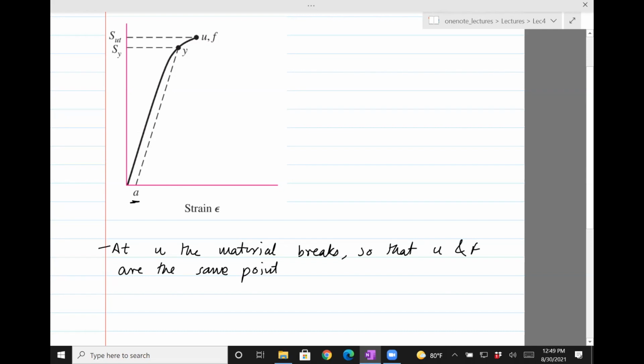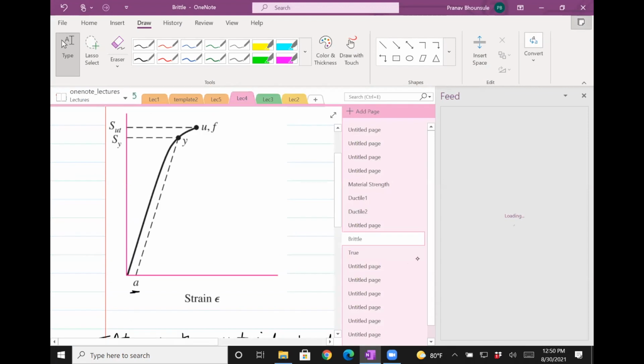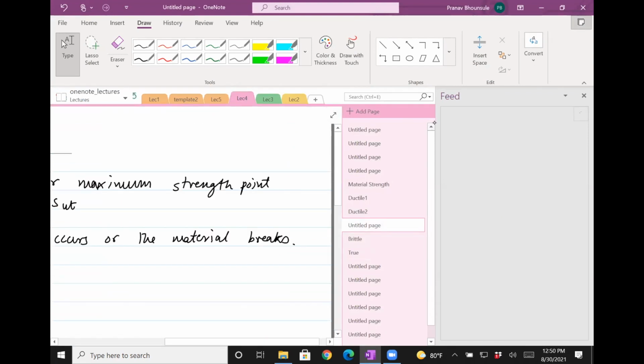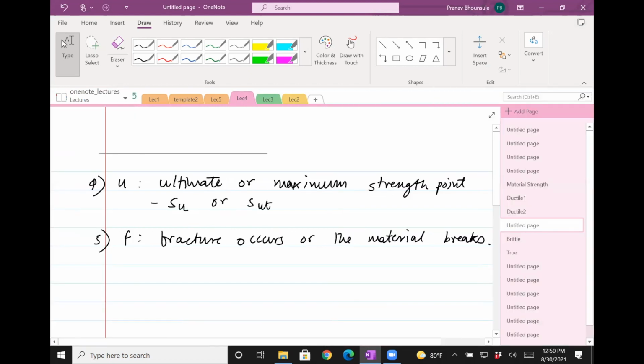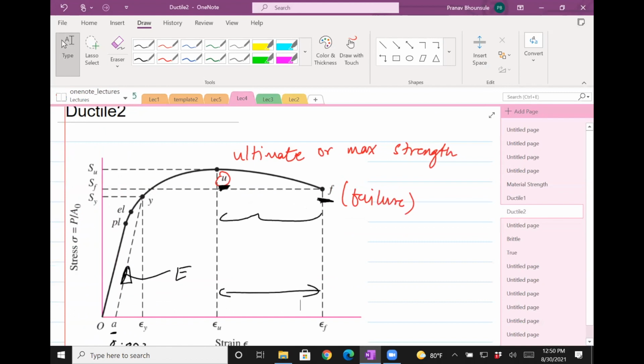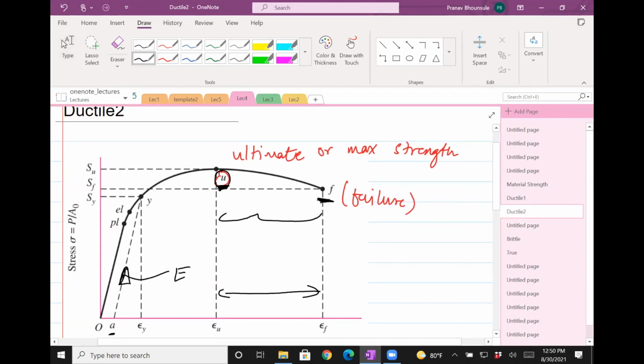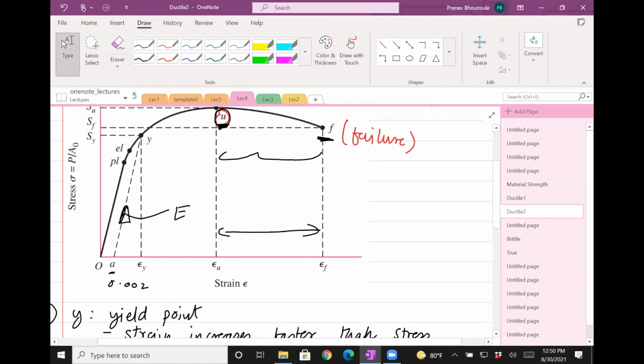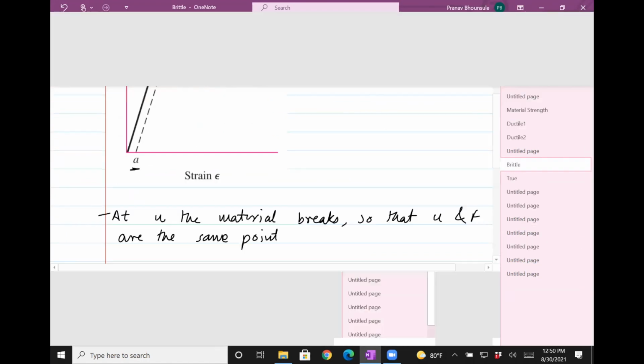Yes, so right. The reason why you would use the ductile material is that it actually gives you a warning before it breaks, right? So the warning occurs right here. It tells you that this is the ultimate strength, and then it goes downwards, which means that now the load-bearing capacity decreases and the strain keeps increasing, while there is no such warning for a brittle material. It just fails.